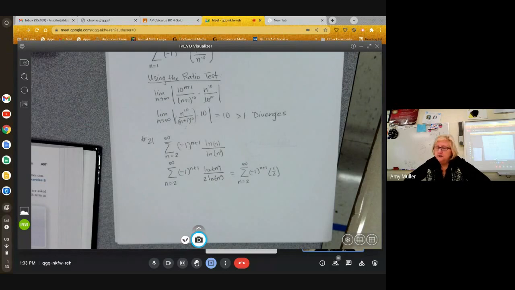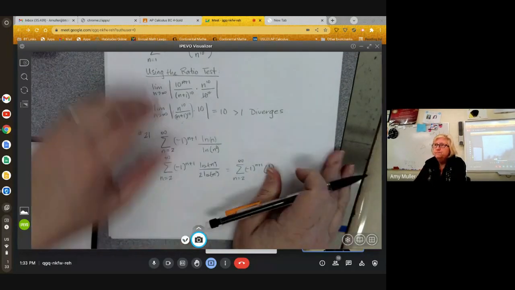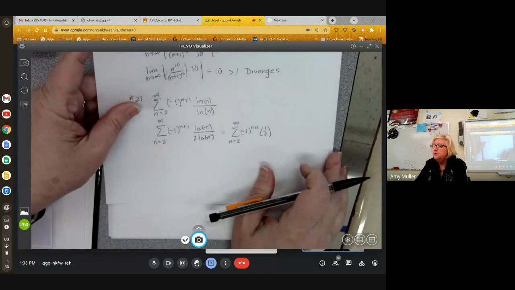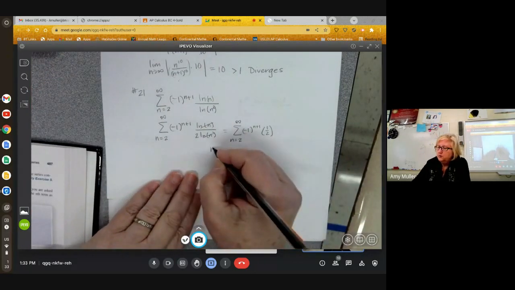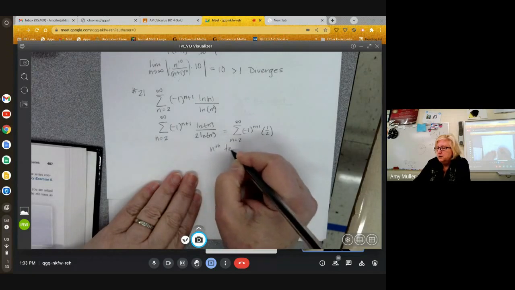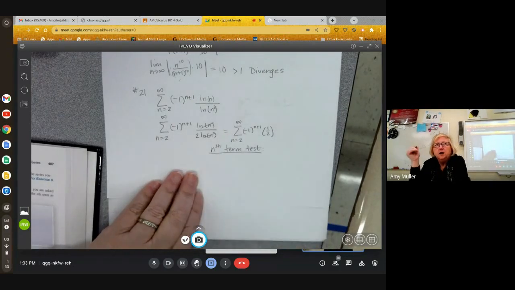The nth term test doesn't say it has to be positive. That makes me feel better, because it says as long as the limit doesn't exist or is not equal to zero. So I would say the nth term test here. The thing that has to be positive, continuous and decreasing is the integral test.